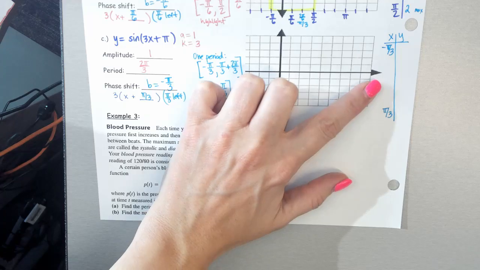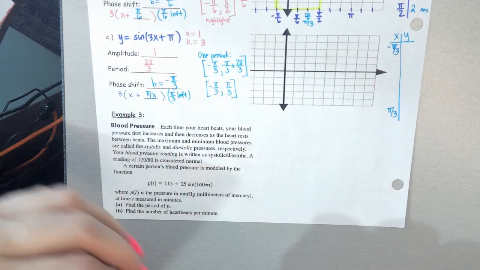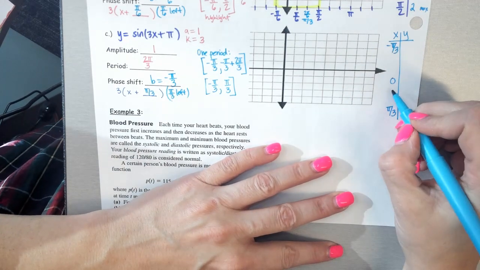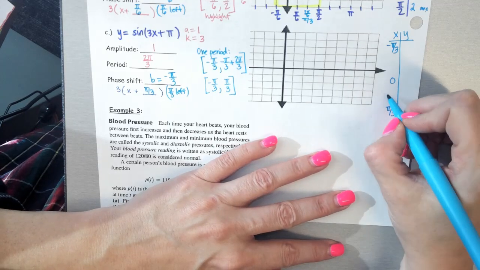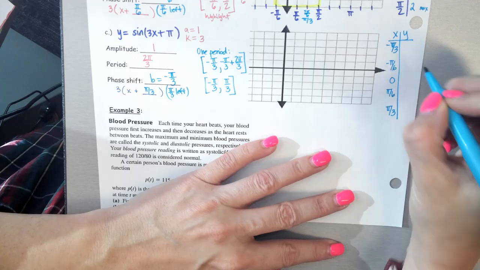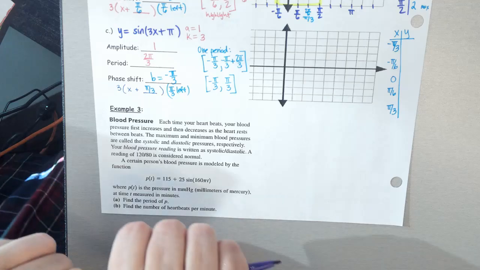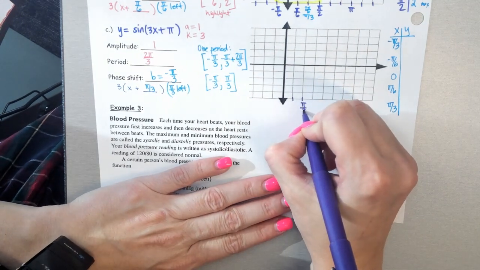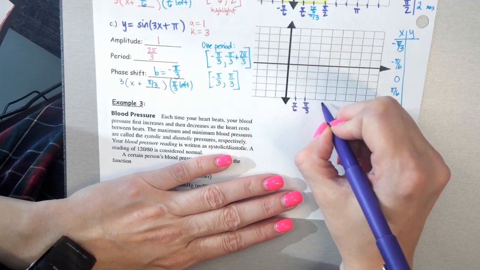And this is going to be a little bit easier to figure out just mentally, because halfway in between negative pi over 3 and pi over 3 is going to be 0. What's halfway between 0 and pi over 3? Pi over 6. So halfway in between these two would be negative pi over 6. So a good scale for your graph would be to go by pi over 6 or just make every other one pi over 3. So this would be 1 pi over 3.